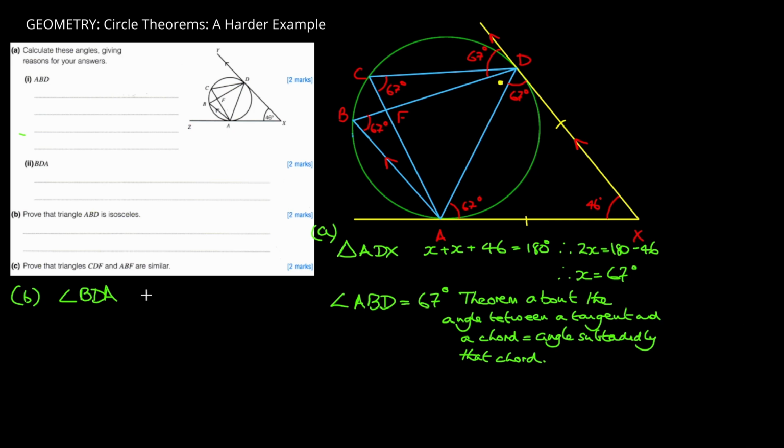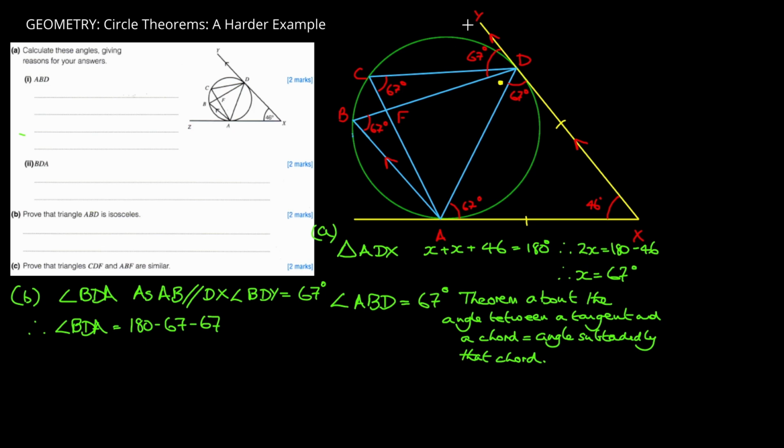Okay, so let's write that down as a fact. As the line AB is parallel to the line DX, angle BDY is equal to 67 degrees. So therefore, the angle that we want, which is the angle BDA, must be equal to 180 minus 67 minus 67.